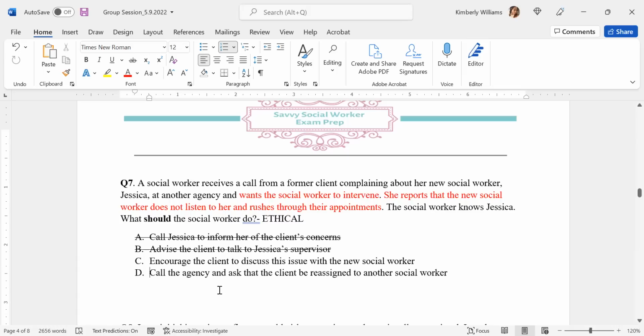And obviously there's nothing she can do about it. So encouraging the client to discuss that issue with the new social worker would probably be the most ethical or effective way of handling that.